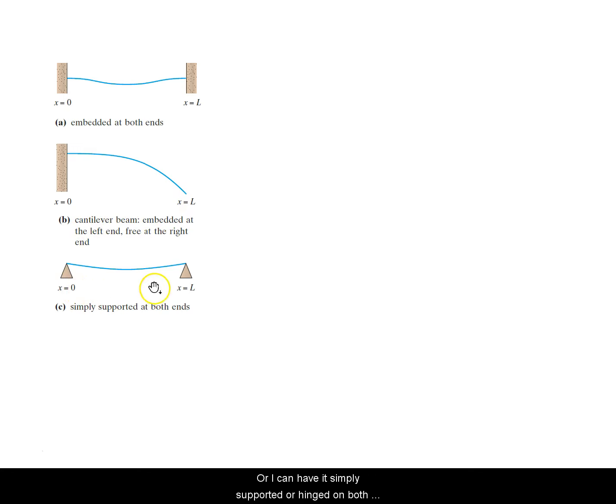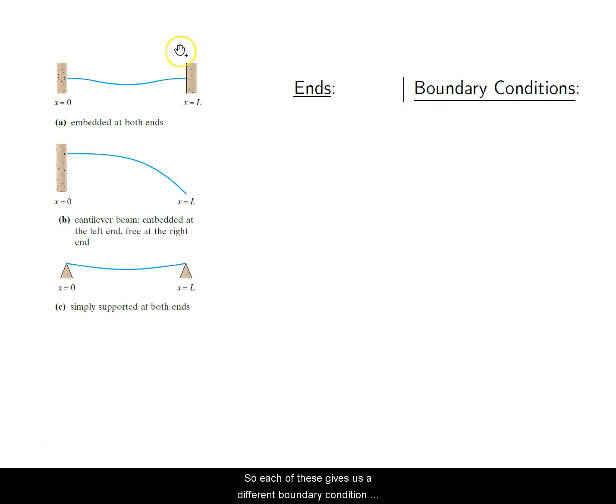Or I can have it simply supported or hinged on both ends, which means it's semi-free to move. It's connected, but it's not rigidly inserted and bolted down. It's just loosely connected. Maybe there's a clamp here, something to that extent, right? So each of these gives us a different boundary condition. Each different end has a different set of conditions.